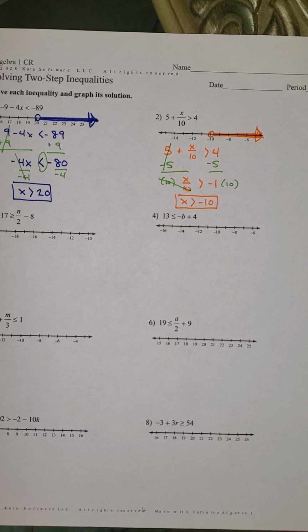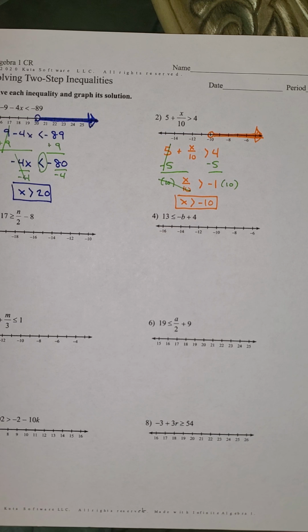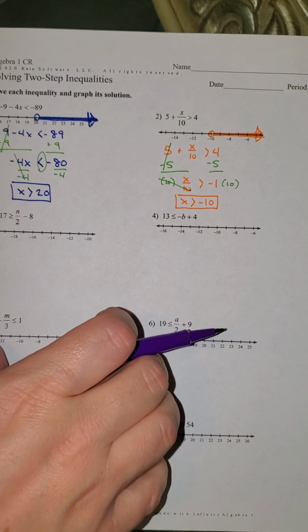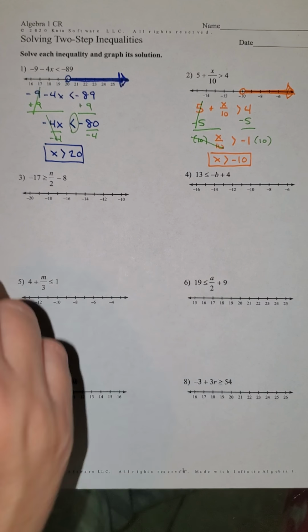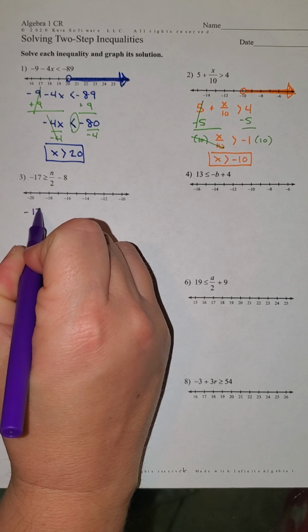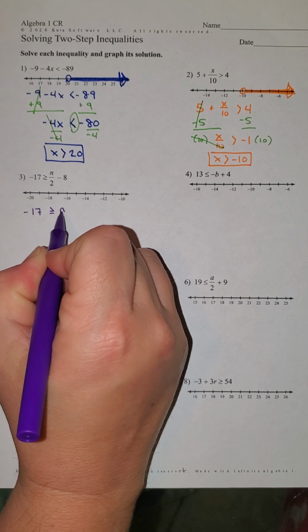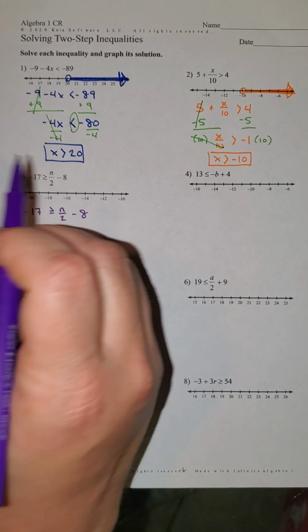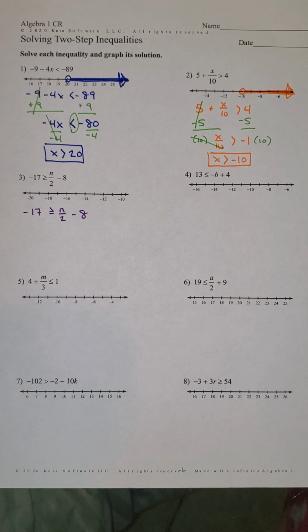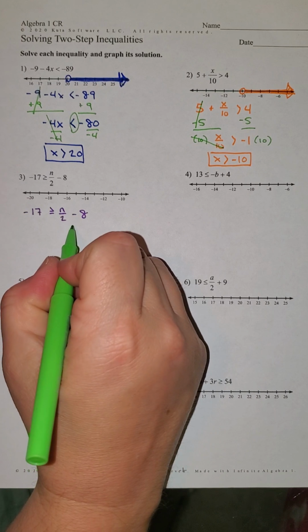Okay, number 3. Now this is the one I was talking about, has the variable on the right hand side. That didn't happen in any of your problems yesterday. So you have negative 17 being greater than or equal to n over 2 minus 8. Start by adding 8 to both sides.